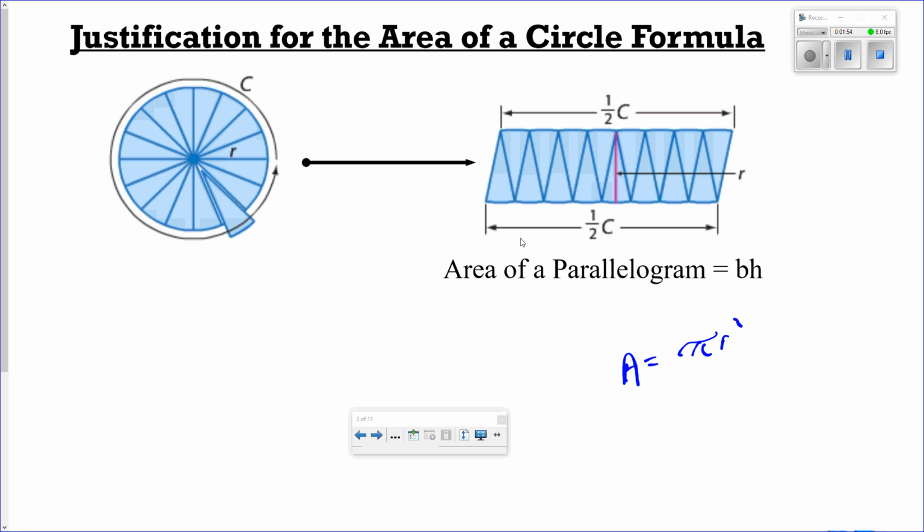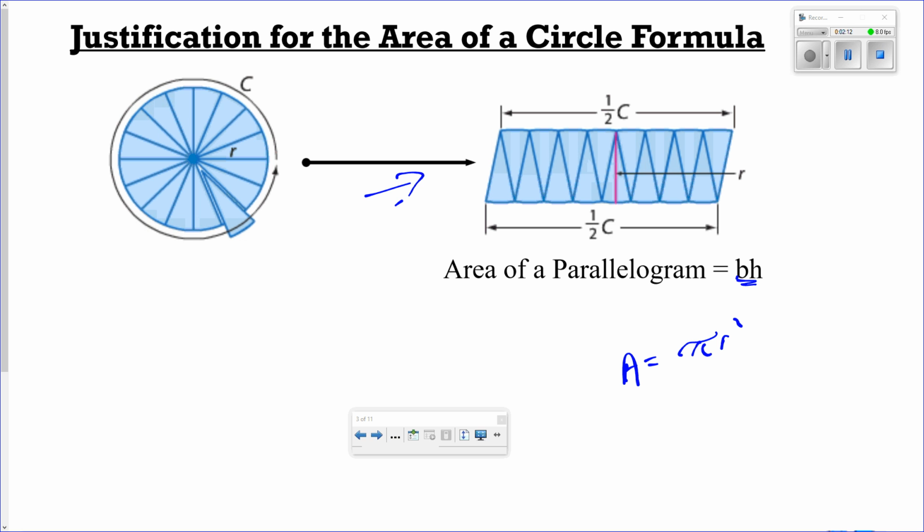And here's kind of a proof of that. If we cut a circle into all these little pieces, and all these little pieces are called sectors, we'll get back to that in a minute. If we cut it into a whole bunch of tiny little slices and then stack them in alternating directions, you'll see that we end up with a parallelogram. Area of a parallelogram is base times height.